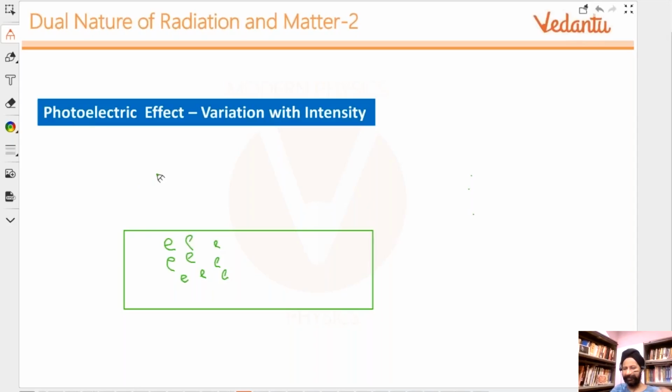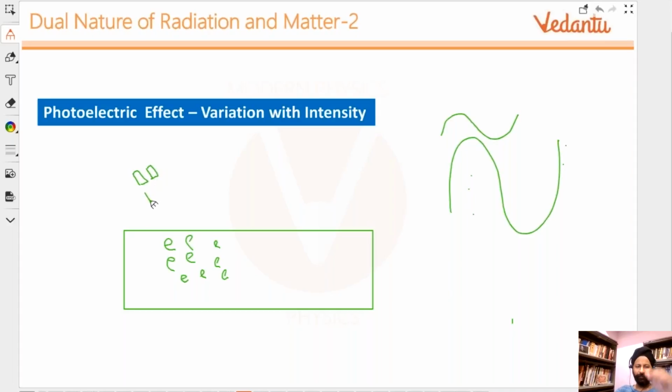So what is intensity of light? In the case of wave nature, intensity of light is this. This was a wave. This is a more intense wave, right? Isn't that the intensity of light? The more the amplitude, the more the intensity. Does everybody understand that part? In the wave world, more intensity just means more amplitude, and that means more energy. But in the particle world, more intensity doesn't mean that.